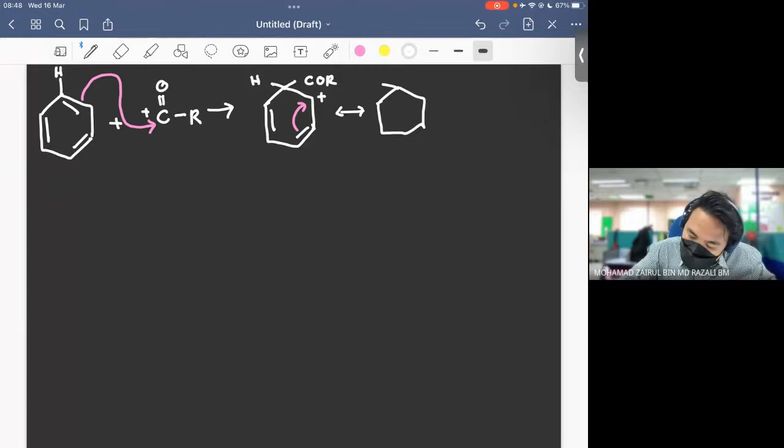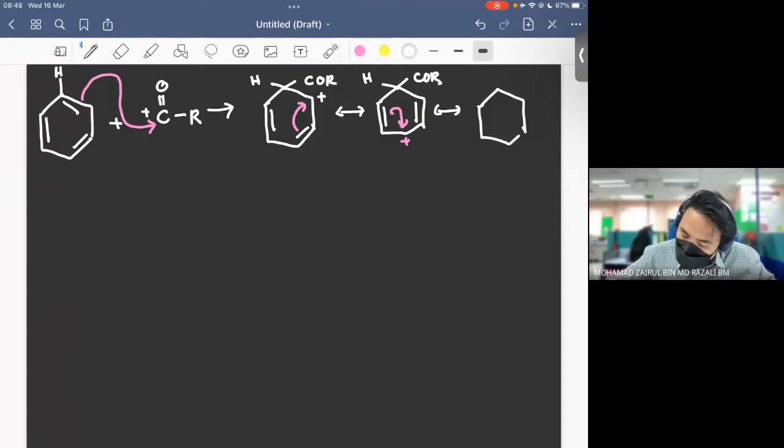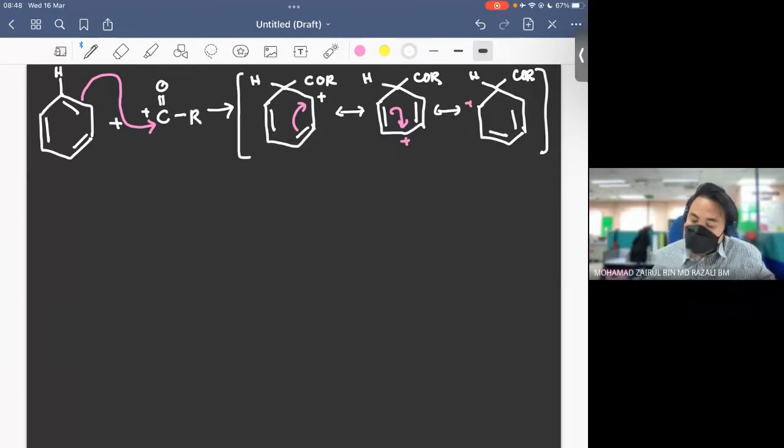Okay, H COR. So okay, so ni sama COR H. So positif. Okay, sini. So ini kita punya resonance stabilized structure.